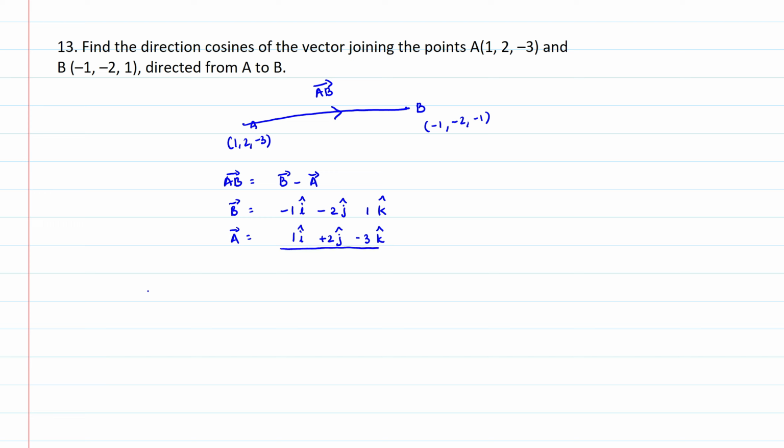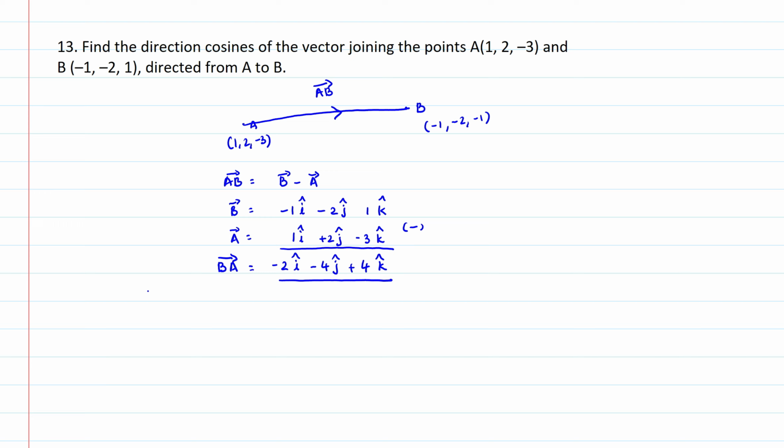When you subtract these two vectors, it will become -2 i cap, -4 j cap, and minus minus 3 so plus 4 k cap. So this will be the equation of the vector.